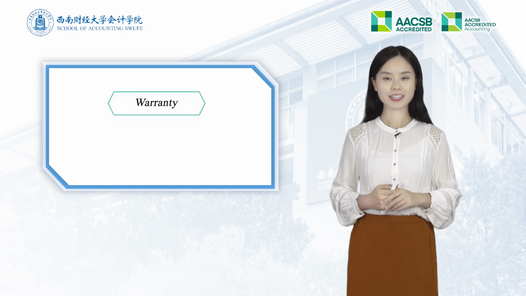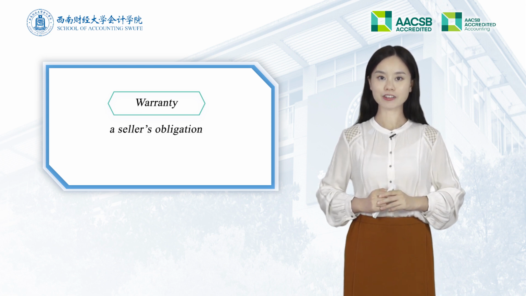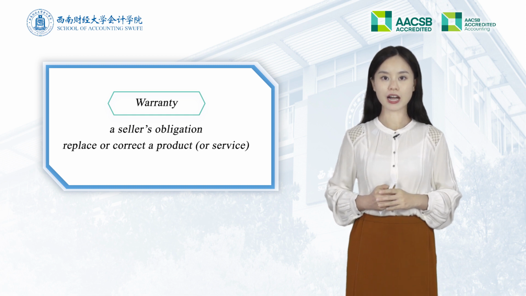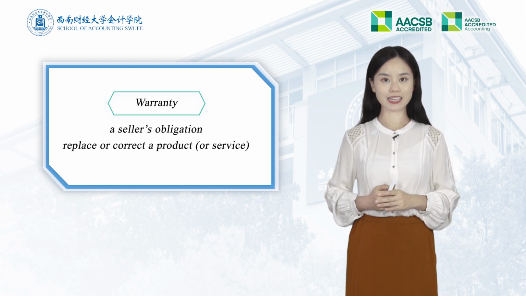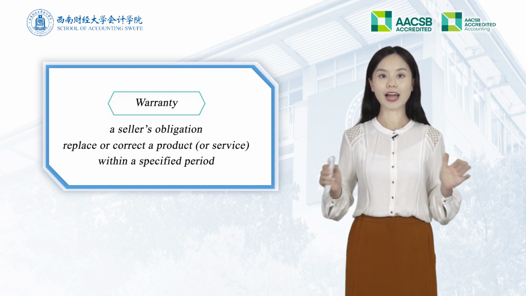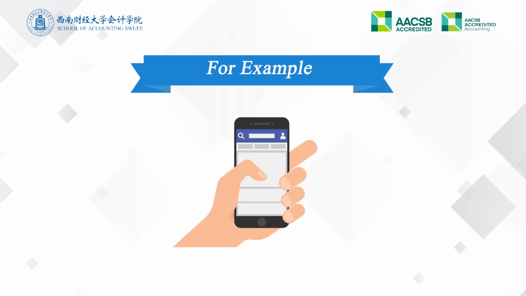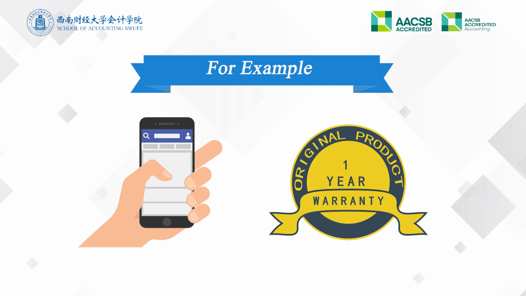Warranties. Another example of contingent liabilities is warranty. A warranty is a seller's obligation to replace or correct a product or service that fails to perform as expected within a specified period. For example, when you buy a cell phone, it comes with warranty covering hardware from defect for 1 year.